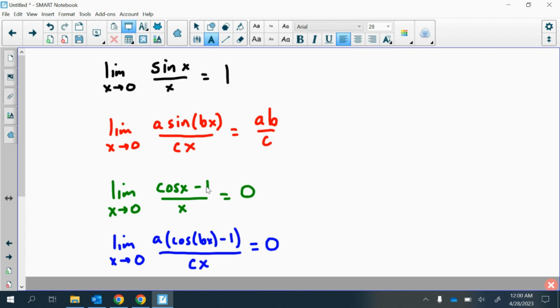Well, you might have to factor the numerator and then break it into components and see what happens. These are things you're going to have to be able to figure out, because in problems, we're probably not just going to give you these things. We're probably going to give you things that you have to manipulate and then realize that these are rules you have to use within the context of another problem.